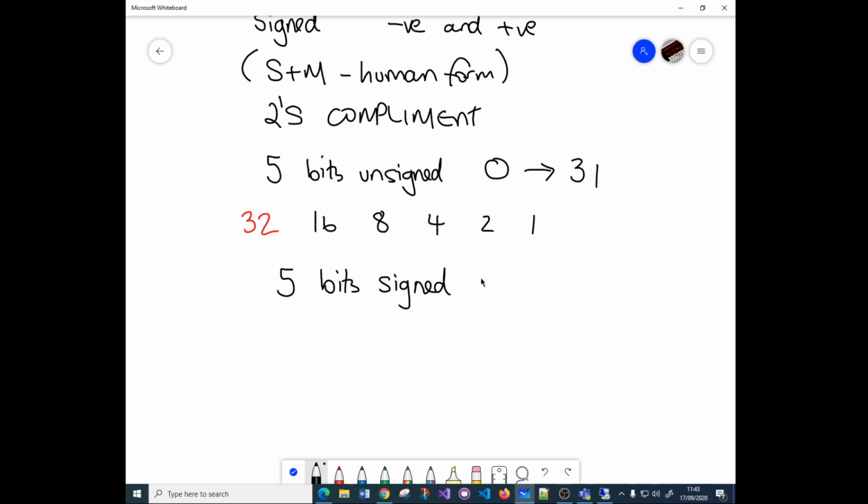So if we were to say S&M, sign of magnitude, you can do this a couple of different ways. So I'm going to put 5 bits down. Now, what's the thing that happens when we're doing signed numbers? The most significant bit represents plus or minus.